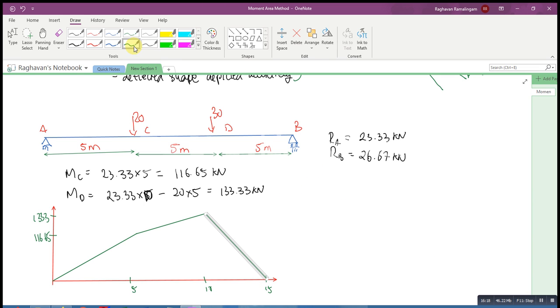Okay, so this is my BMD, or, assuming that my EI is constant for all parts of the beam, this is my M by EI diagram with all positive moments.